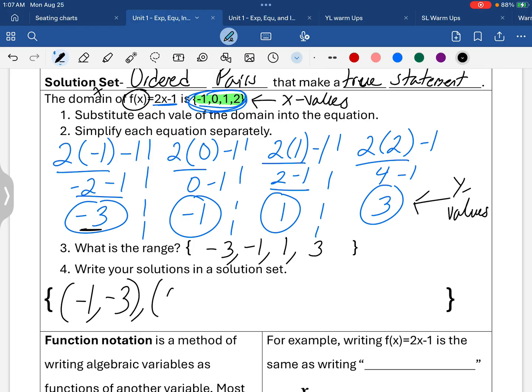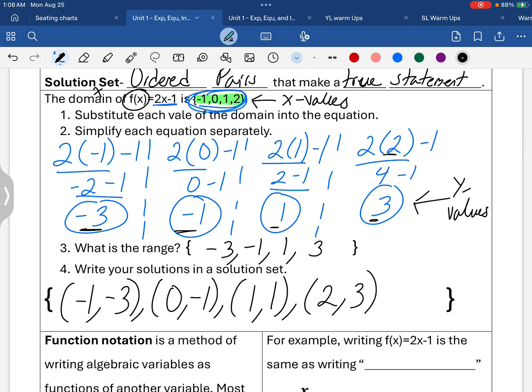My next x value was 0. We saw that we got negative 1 when we plugged in 0. My next one is 1, and when I plugged in 1, we got 1 out. My next x value was 2. When I plugged in 2, we got 3 out of our function. So there are our solutions in a solution set, where they are written as coordinate points.